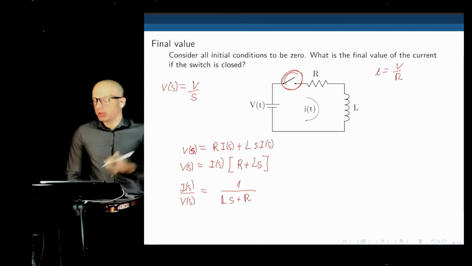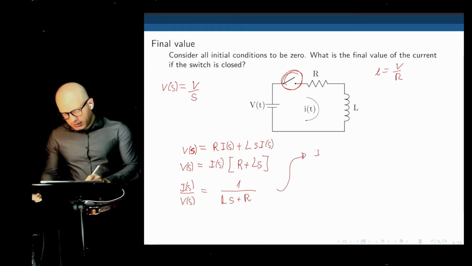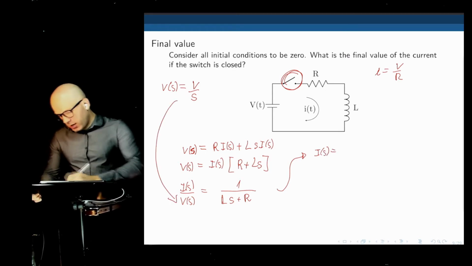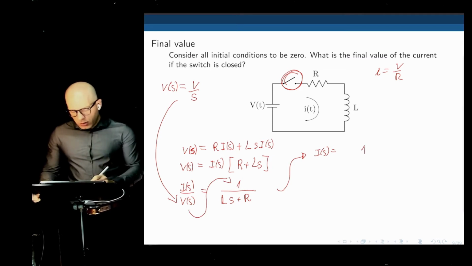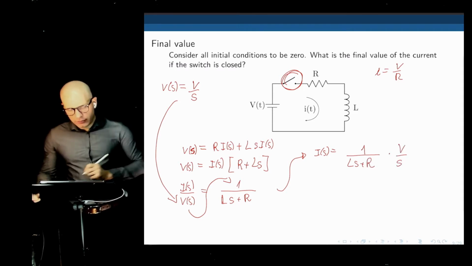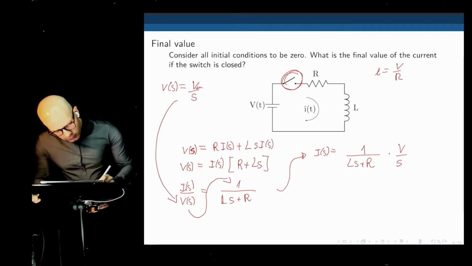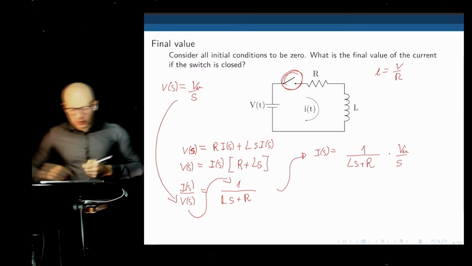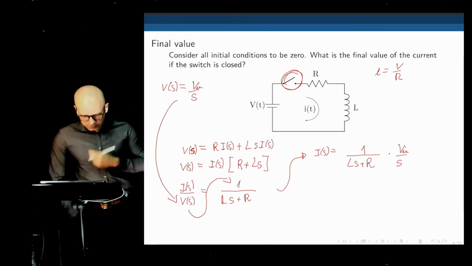So from that, I of s equals 1 over Ls plus R times V over s. I'm going to call it V in, to distinguish it from V of t, the magnitude of the voltage input.